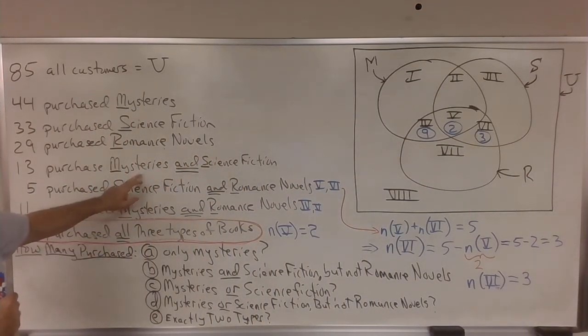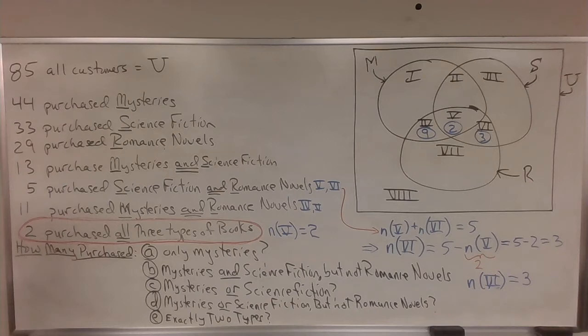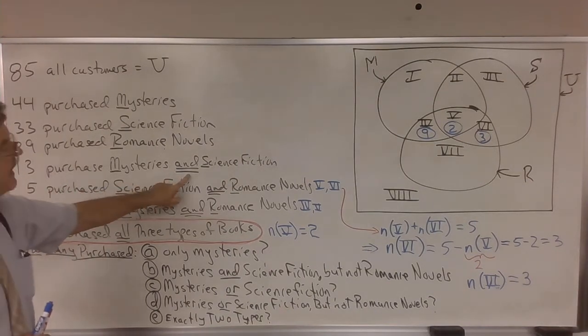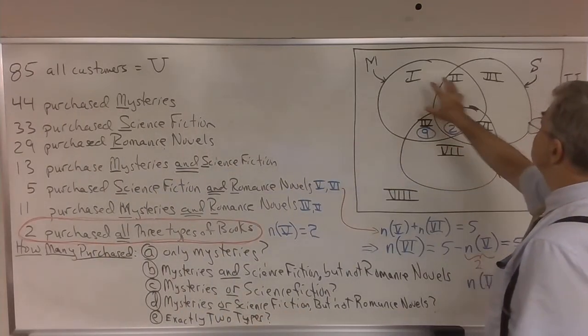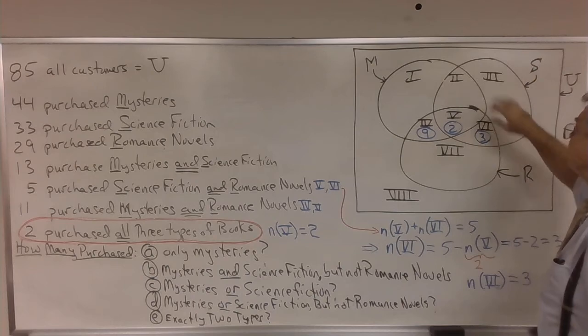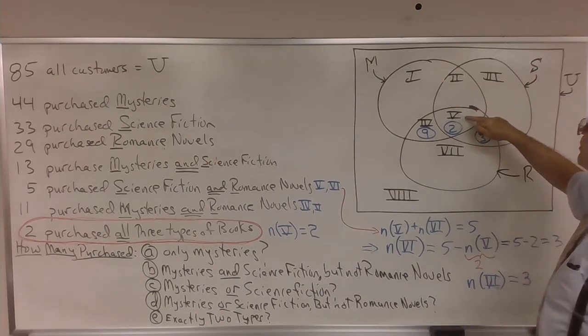Maybe we can move to this one. Mysteries and science fiction. 13 people purchased both mysteries and science fiction. So they're in the mystery circle and they're in the science fiction circle, which means that they're either in region 2 or region 5.